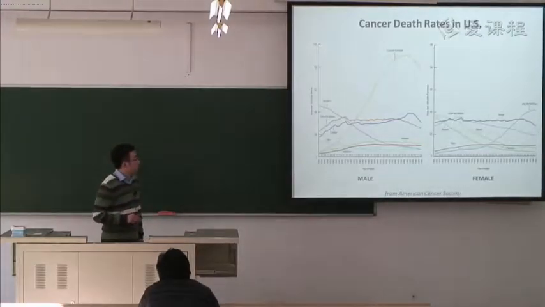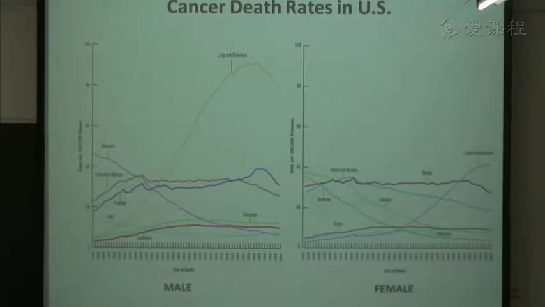Okay, let's see the cancer death rate for different types of cancer. As you can see here, the stomach cancer, by avoiding this contaminated food, the stomach cancer has decreased very much, or by avoiding this bacteria infection. Also for the liver cancer is the case. And the breast cancer. Okay, where's the breast cancer? No breast cancer here?